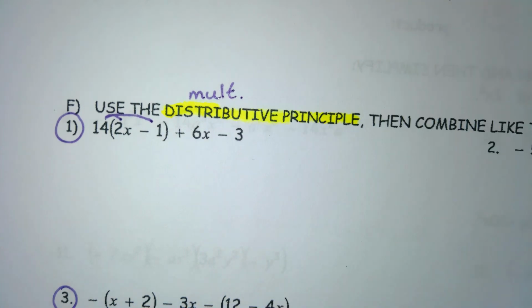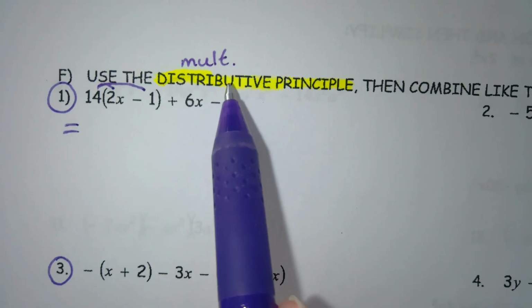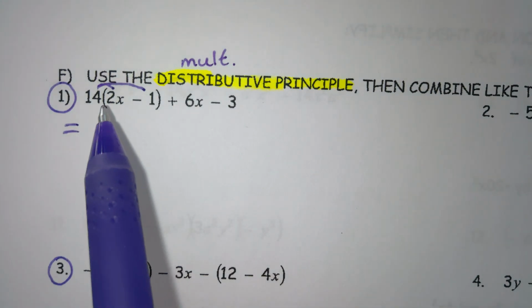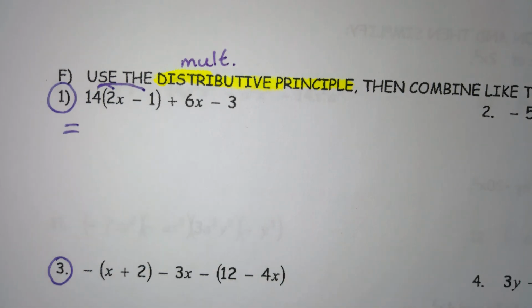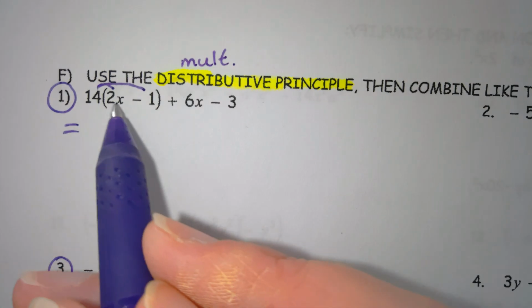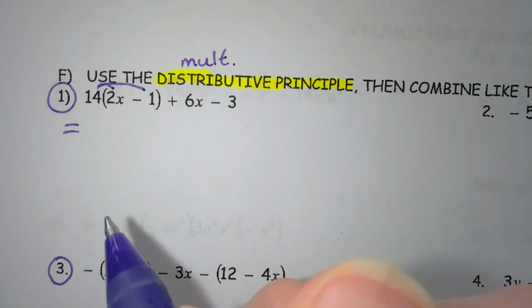Okay. So when do I know I have to use the distributive property? It is when I see a number outside the bracket. That's how I know I have to distribute it to everything inside by multiplying. Okay, so Leandro, what is 14 times 2x? 28x, that's it.